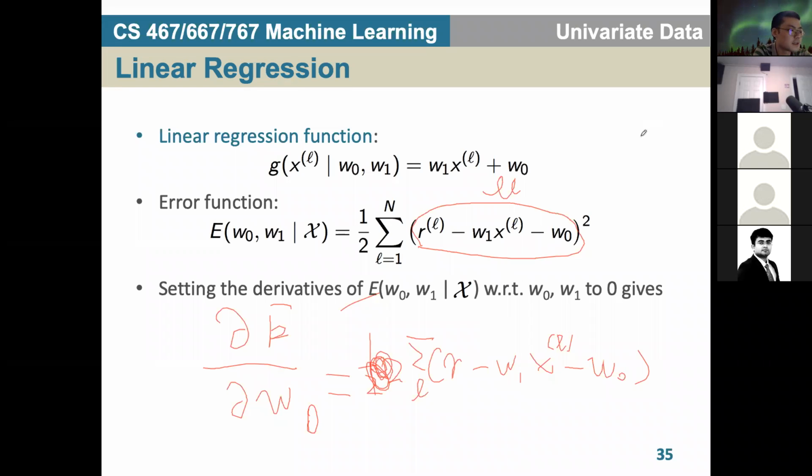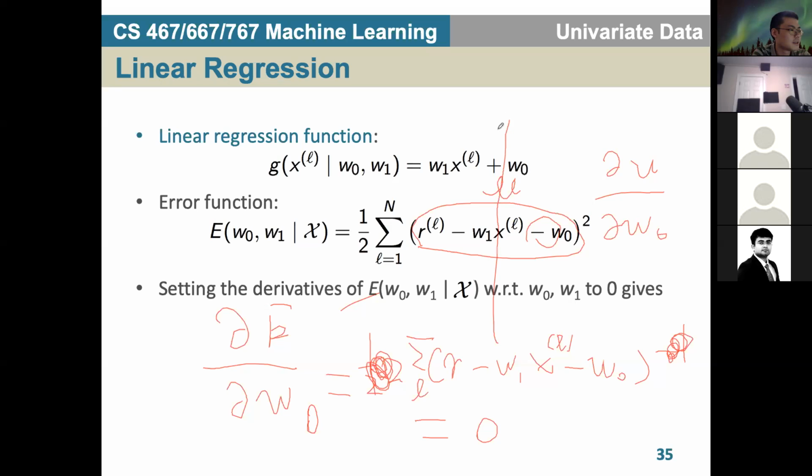Now, because it's a chain rule, you then need to take the partial derivative of u with respect to w0. If you look at it, it's really the coefficient, which is negative. The first thing you want to do is set this to 0. So the negative is gone, and let's write out this term.